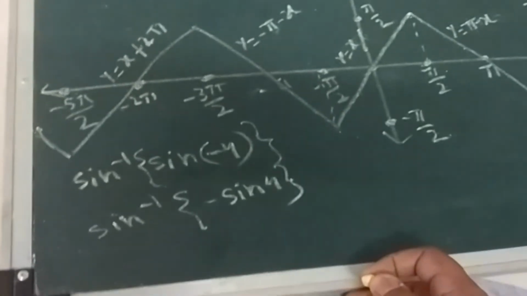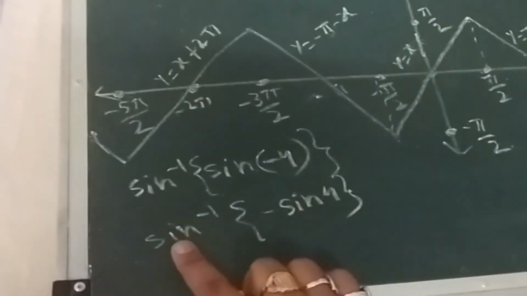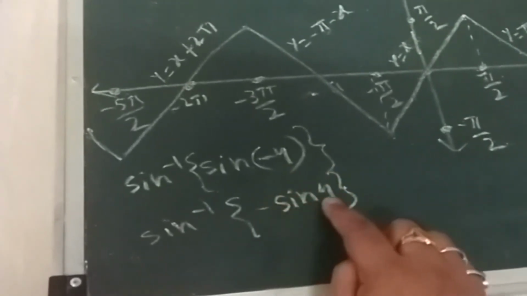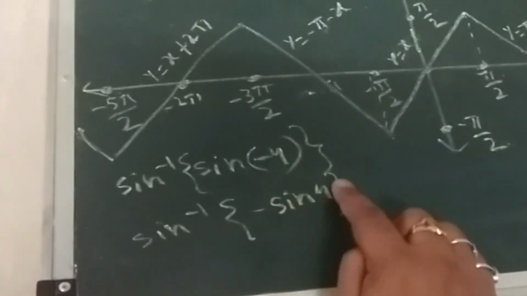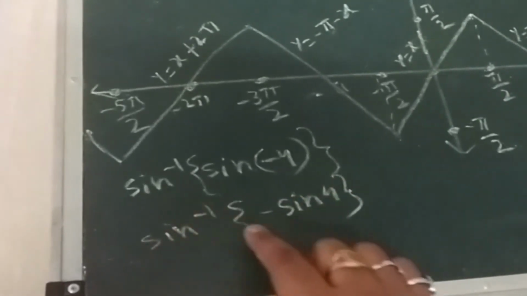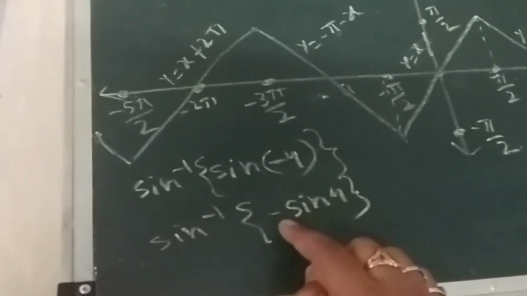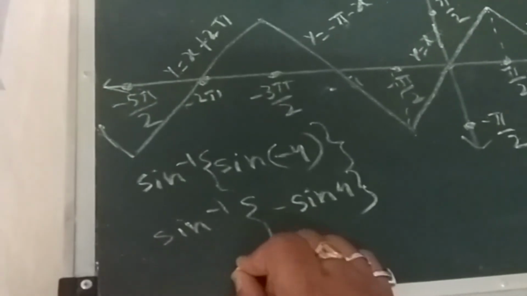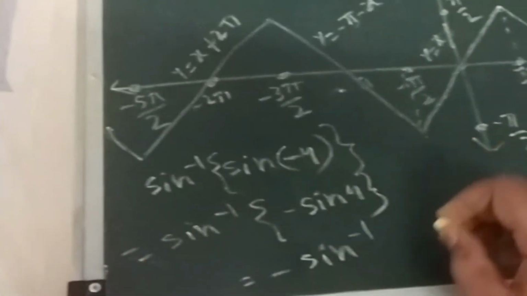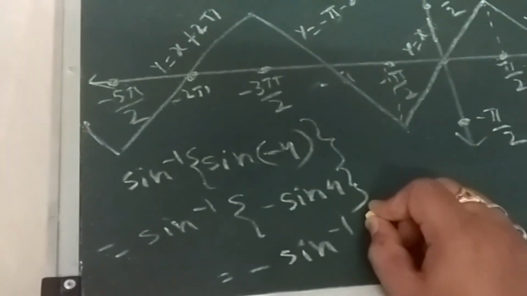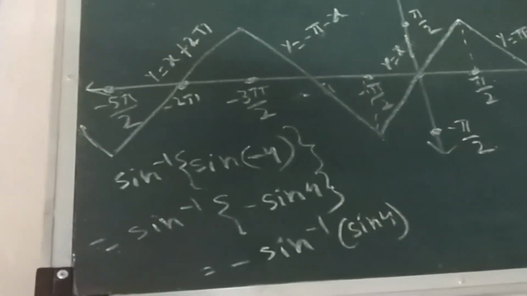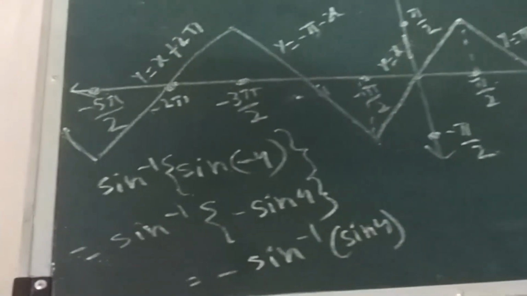Now sin inverse minus x, assume sin 4 as x, so sin inverse minus x is minus sin inverse x, so this minus sign will come out again. So minus sin inverse sin 4. Okay, so minus sin inverse sin 4.